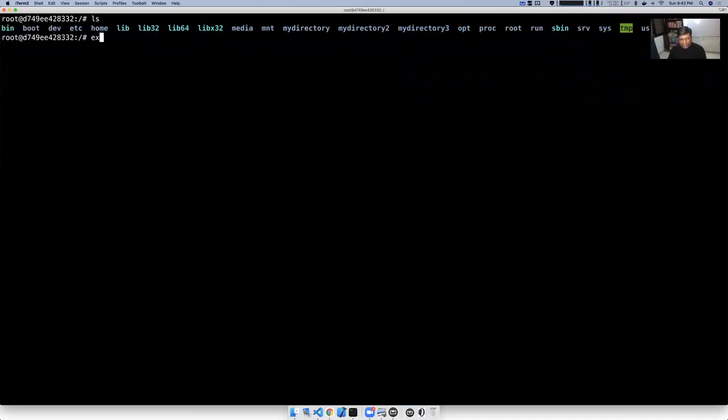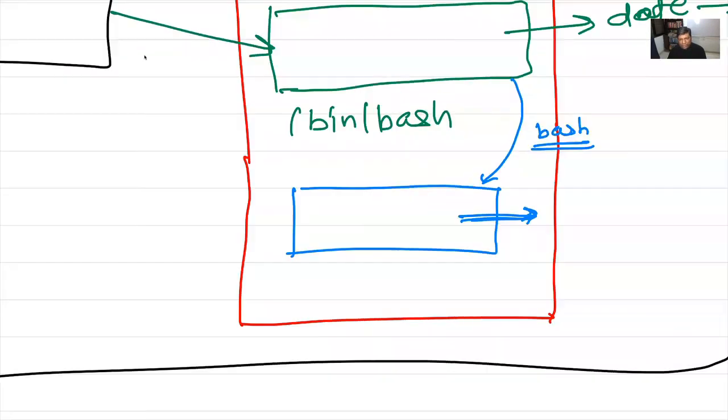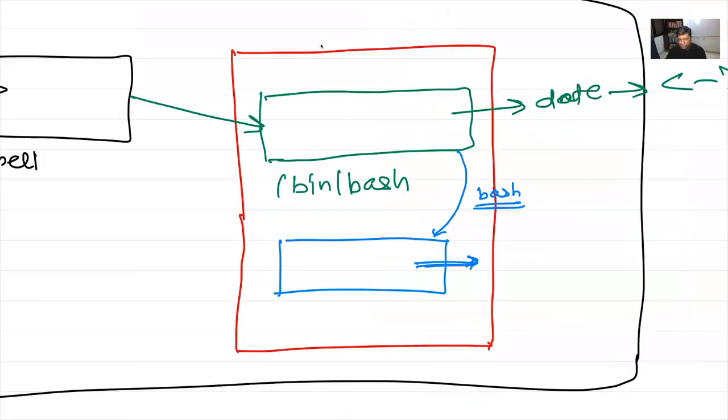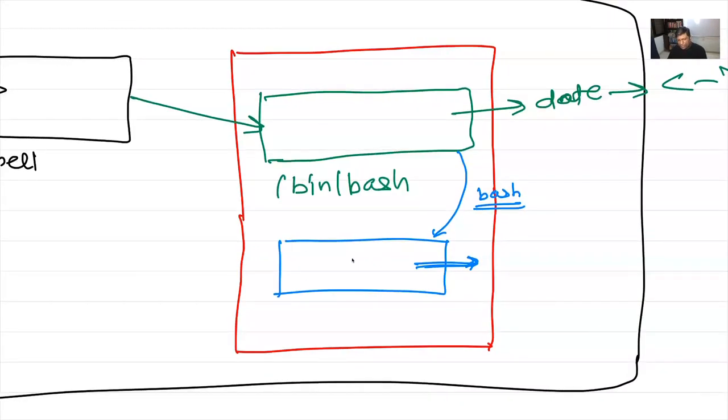But when I say exit, this time, this is the bash which we are exiting, and not this one. In a sense, the exit command will be given to this bash. This bash will exit, and this bash will stay there.